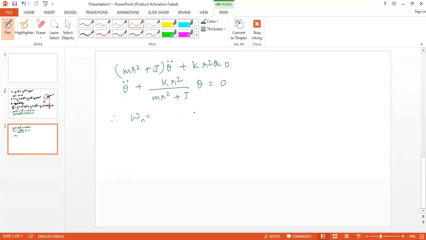Therefore, omega n is equal to root of k r square by m r square plus J.